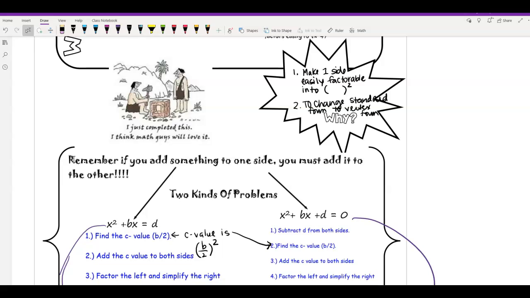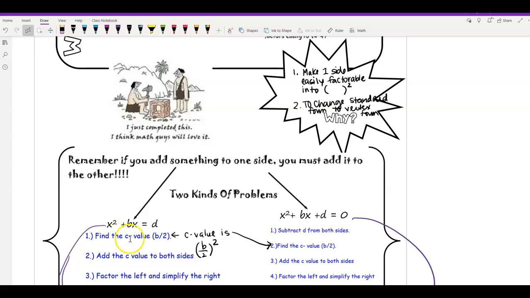We might have an x squared plus a number x equals a number, or we might have the x squared term all equal to 0. The whole idea is that we want the x squared and the x term on the side by itself before we do the completing the square. So if we're going to start with this kind of problem, we need to move d to that other side. So now they would look the same.